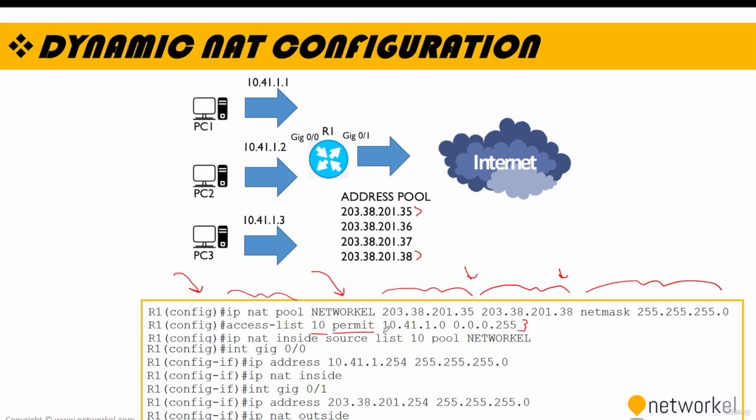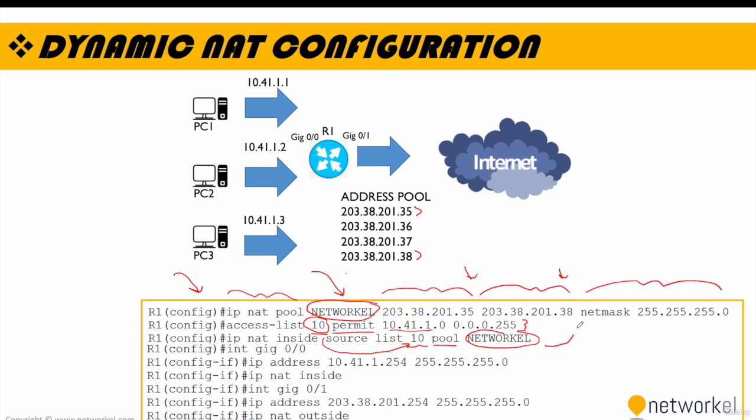In this case it will be 10.41.1. Then ignore the last octet. Then I'm typing ip nat inside source list 10. 10 is the access list number I'm using here, and pool followed by the IP pool that I created, which is the network pool in this case.